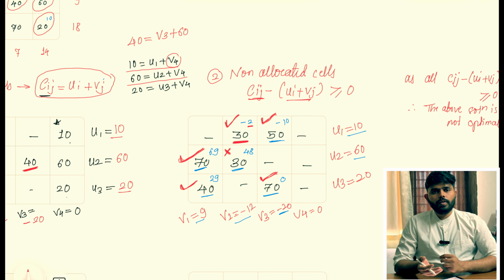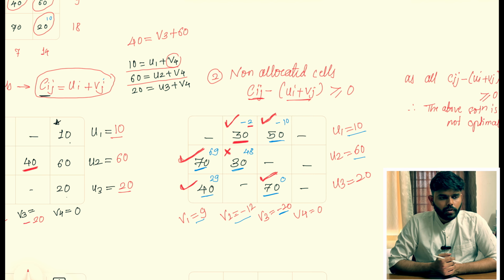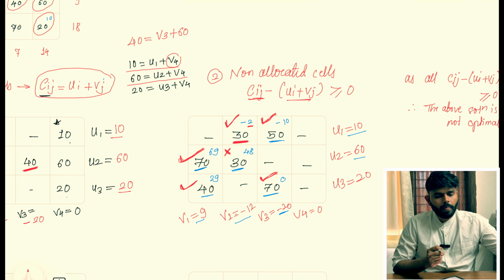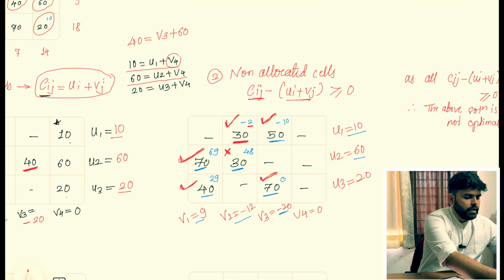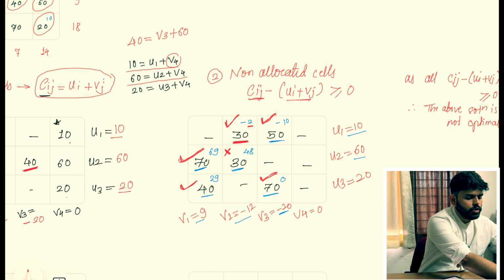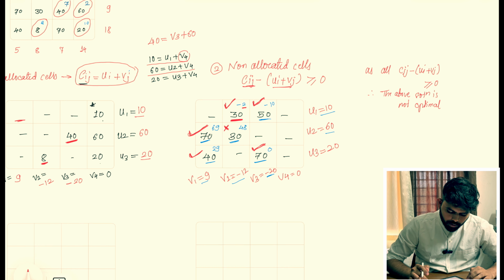So now the next step will be to find the optimal solution. Means if 779 is not the optimal solution, then what exactly is the optimal solution? So now we will start with the next method, that is the extended version of the modified distribution method.